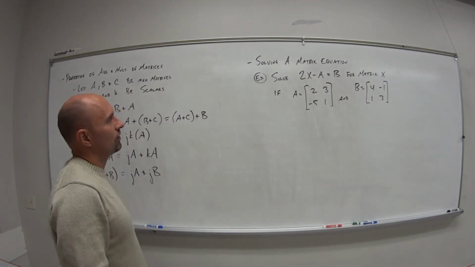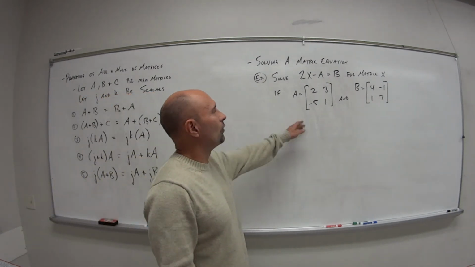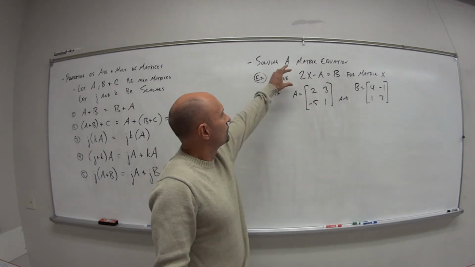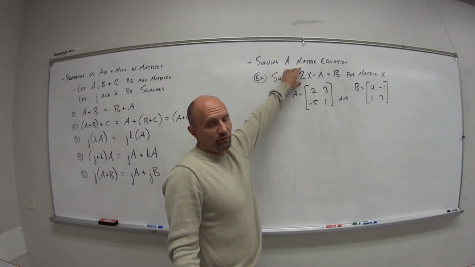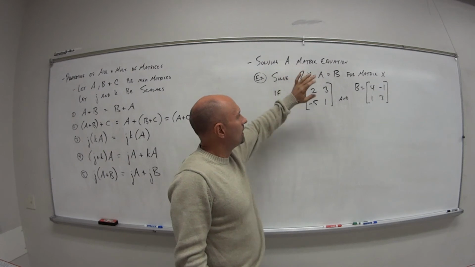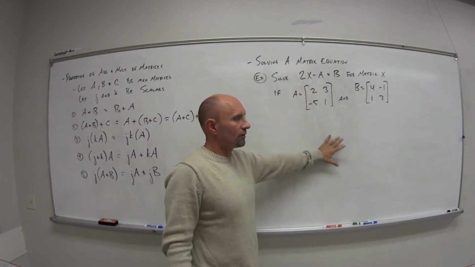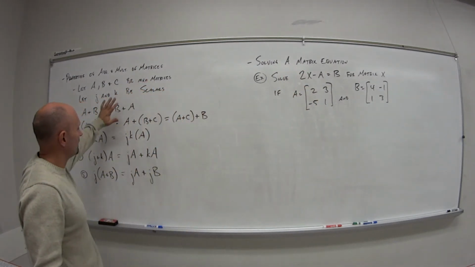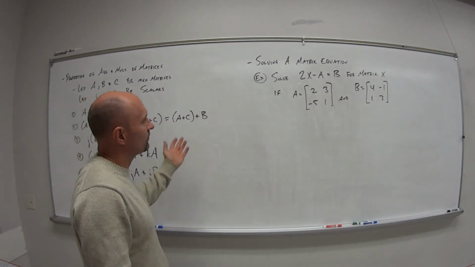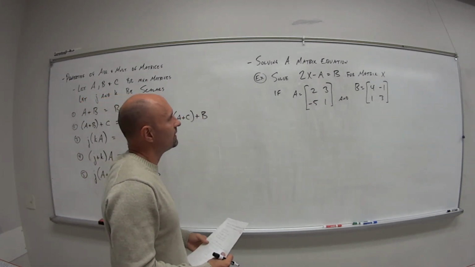What I would suggest when you have this kind of problem, don't put the matrices in, solve this equation first as if it's a regular algebra problem. Once you get X equal to something, because we have all these properties that apply similar to real numbers, then we can put the matrices in at the end.